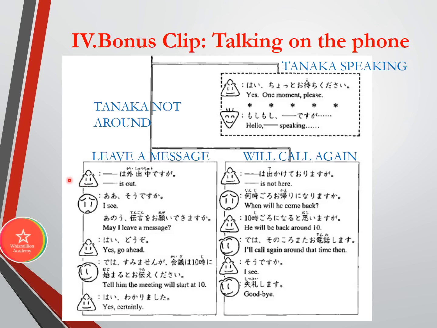If Tanaka is not around, then the person in the house will say 田中さんは外出ですが. Tanaka is out. Karina will say あ、そうですか。伝言をお願いできますか? I see.